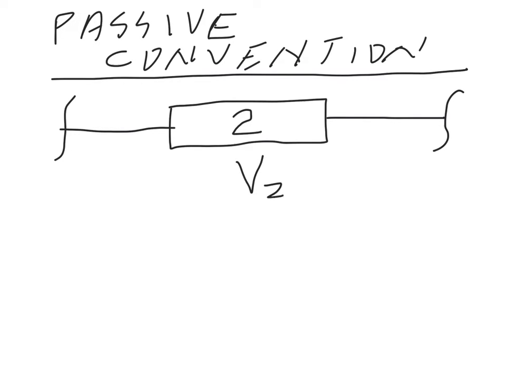Let's call this voltage V2. Suppose that for this device the left end is a higher voltage than the right, so there's a voltage drop. And we have some current flowing through this device. Let's call it I2, current 2, flowing into the left end and out of the right end of this device.